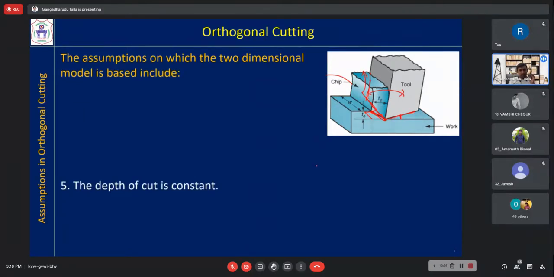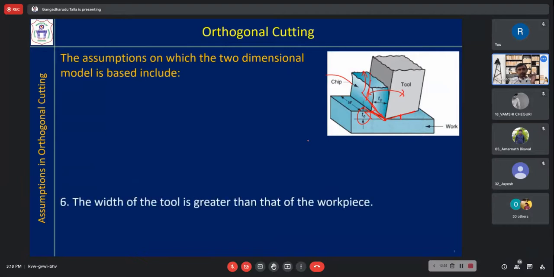So depth of cut is constant. You are not varying the depth of cut, that is, in this case, t0. The width of the tool is greater than that of the workpiece. That is also one feature of orthogonal cutting. Then only the chip will move along the rake face.